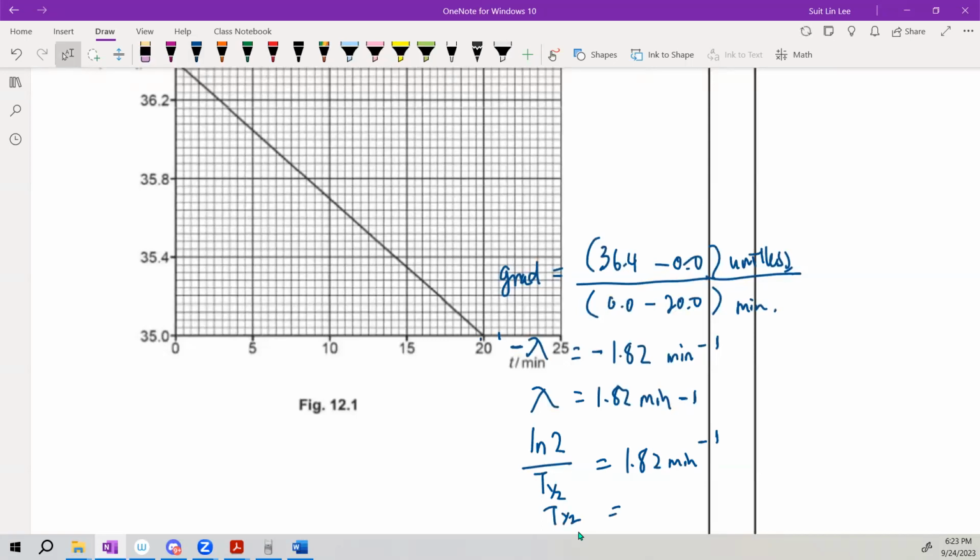So eventually, when I find half-life and I flip the fraction, it will be in minutes. Part of the challenge of this paper is to know what you need to do so you don't waste time, and know what you don't need to do so you don't waste time. So 0.381 minutes. Okay.